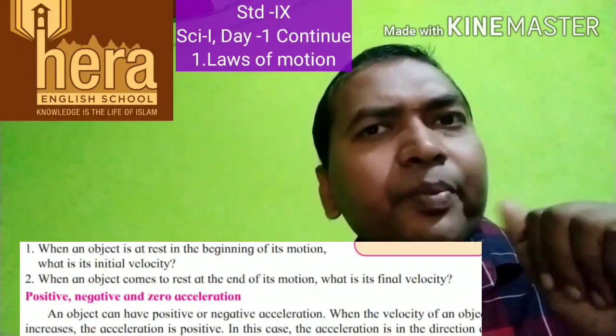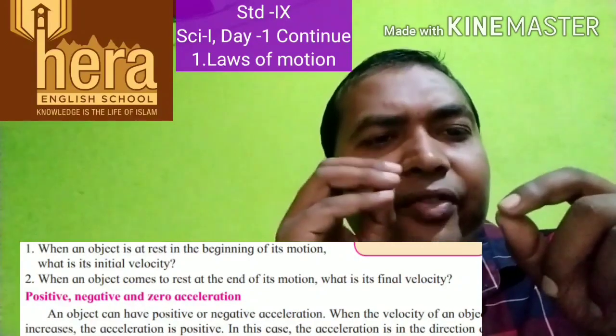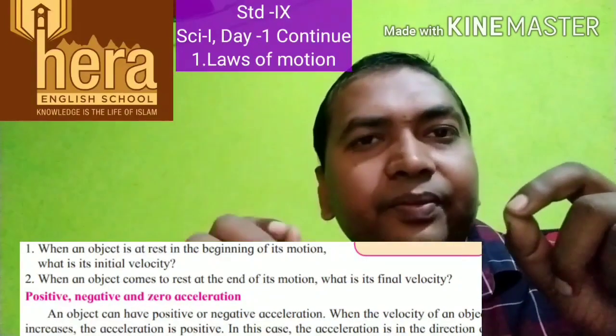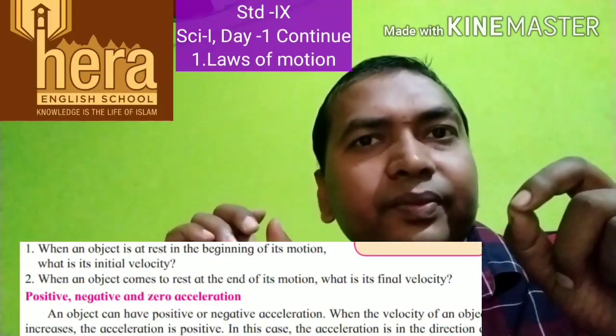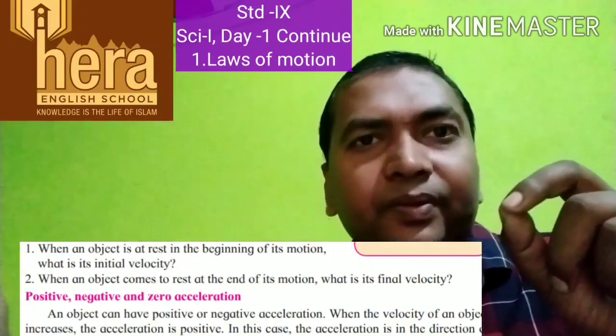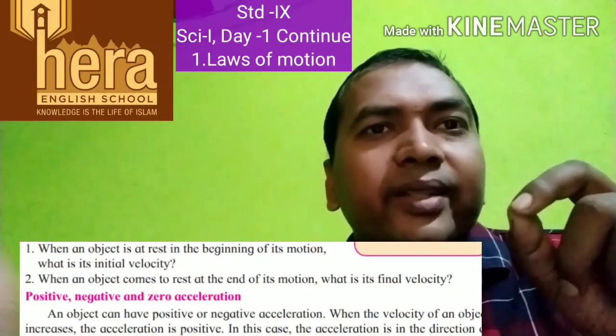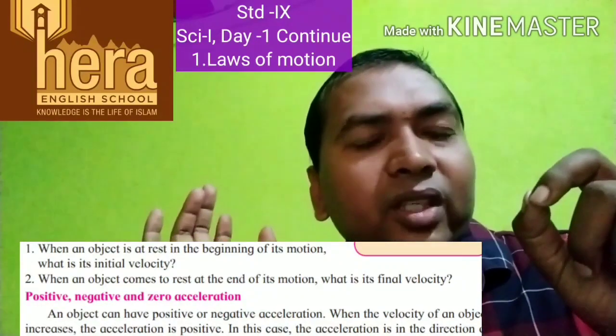For the numerical point of view, if an object starts from rest, u will be 0, and if an object stops, then in this case v is equal to 0. Understood?